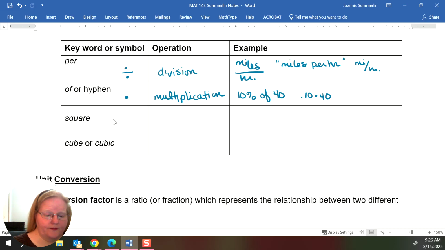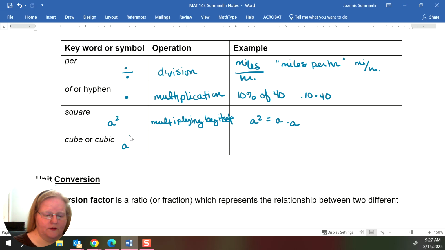Square is raising a number to the second power, or multiplying by itself. a squared is equal to a times a.